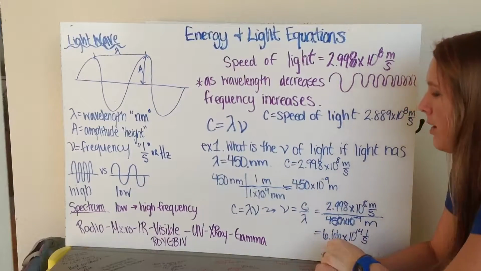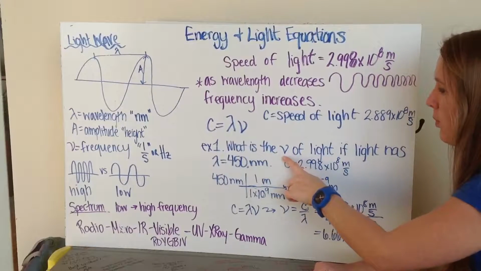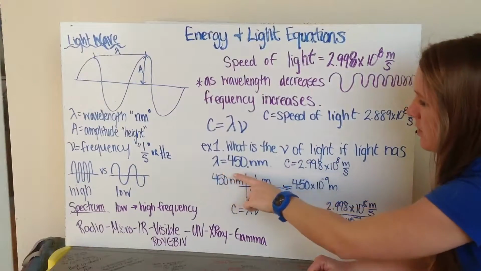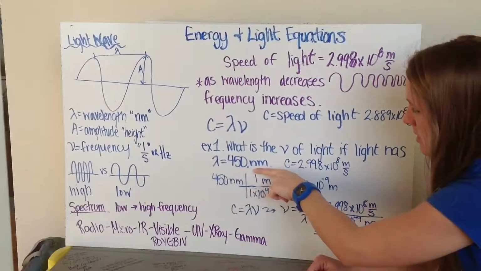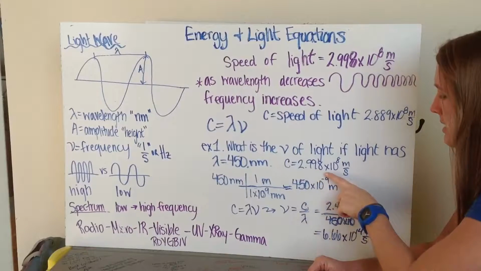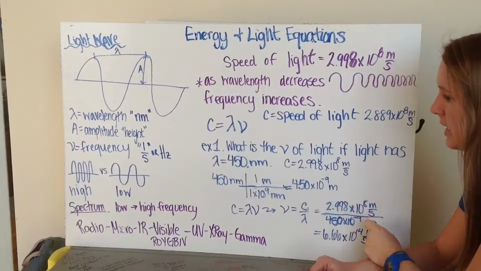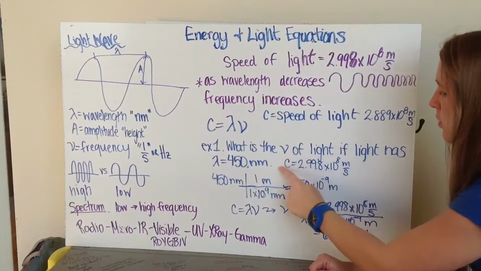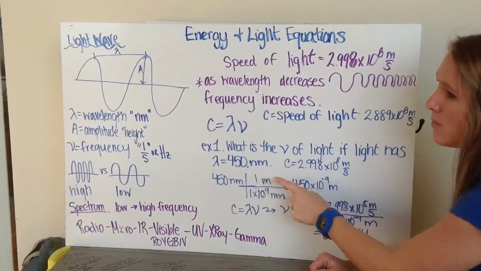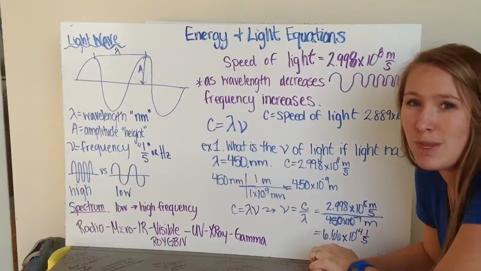An example problem is, what is the frequency of light if light has a wavelength equal to 450 nanometers? Knowing that our speed of light is 2.998 times 10 to the 8th meters per second. Notice that our speed of light is in meters per second, but our wavelength is in nanometers. Now we cannot compare meters to nanometers.